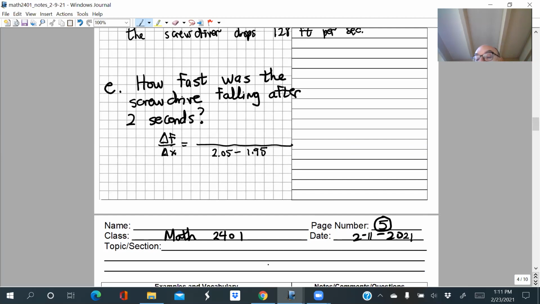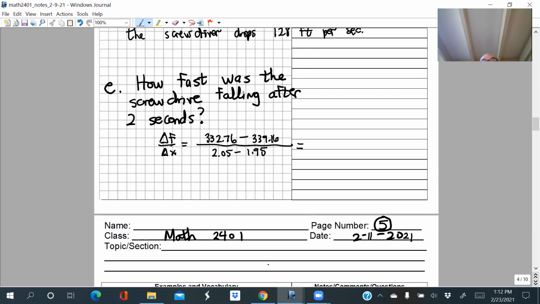Those were the two X values that I used, close to 2. And then what were the two output values? F of 2.05 was 332.76, minus F of 1.95, which was 339.16.